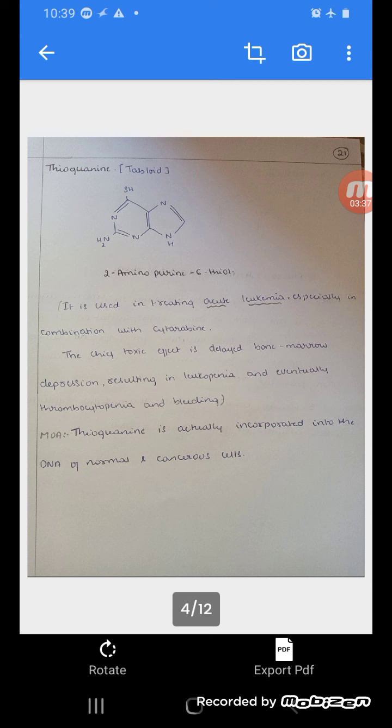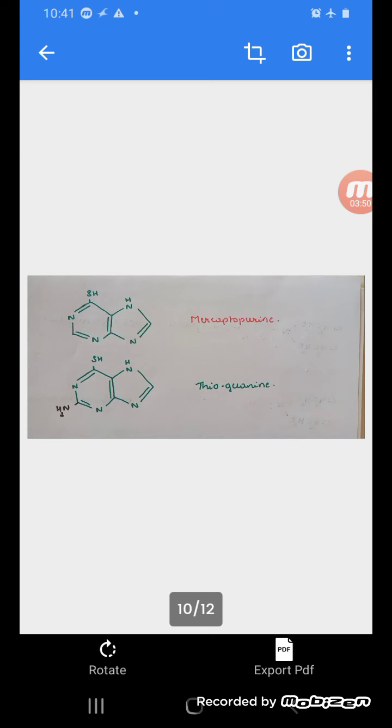Coming to mechanism of action, thioguanine is incorporated into the DNA of normal and cancerous cells. This is the structural difference between mercaptopurine and thioguanine, which can be differentiated by using the black color pen.